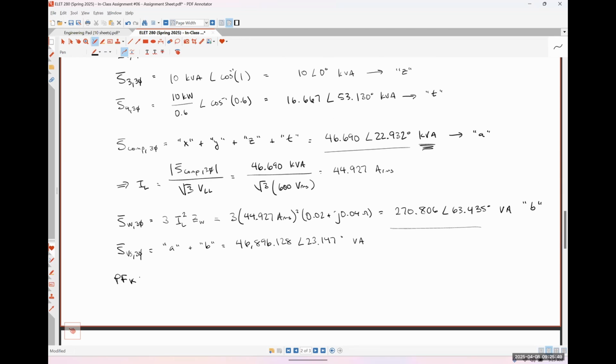So the power factor of our voltage source is just going to be the cosine of 23.147 degrees. What I just stored in my calculator is C. So the cosine of the polar angle of C, I get 0.9195, so let's call that 920. And is that leading or lagging? Lagging.